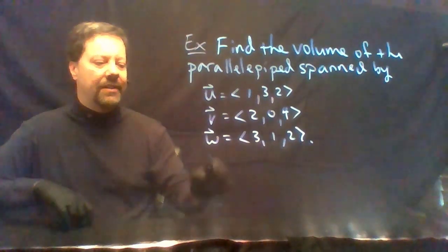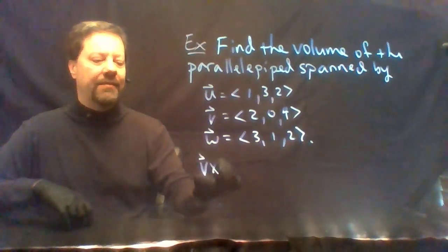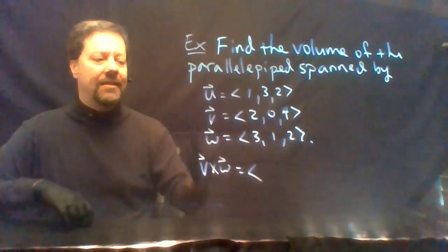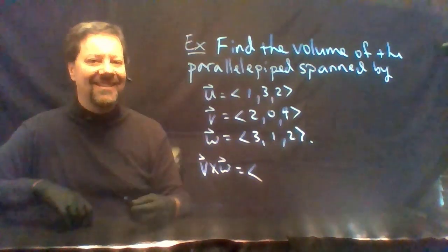The first thing we need to do is calculate v cross w. And since they are stacked like this, that's easy to do.